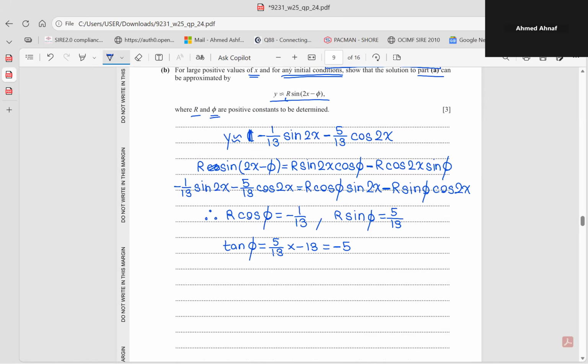They said that phi is positive, so let's use ASTC. Tangent is positive here, so phi has to be either here or here.